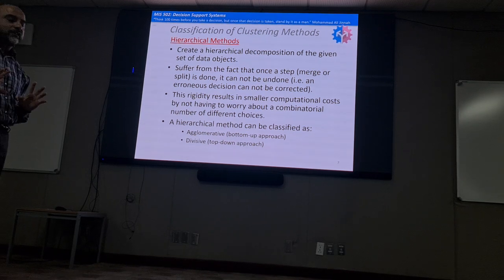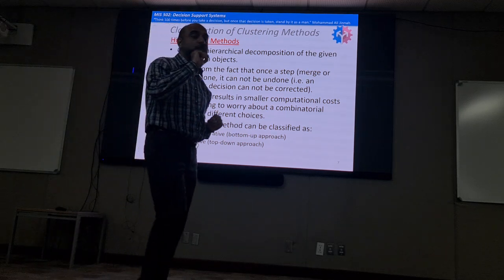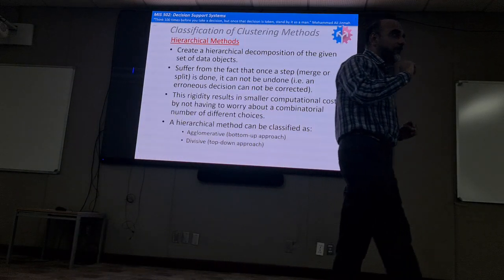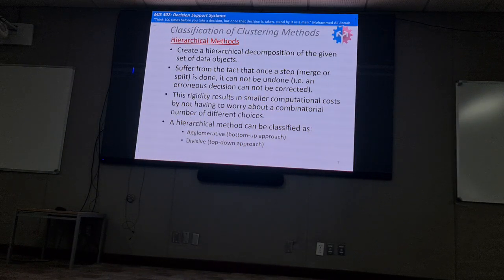But in this hierarchical clustering, what is the smallest cluster? The smallest cluster is one data point. You understand? Unlike k-means or the other partitioning method. What do I mean by 1 point? How many people are here? 1, 2, 3, 4, 5, 6, 7, 8, 9, 10, 11, 12, 13, 14, 15, 16. 16 students.